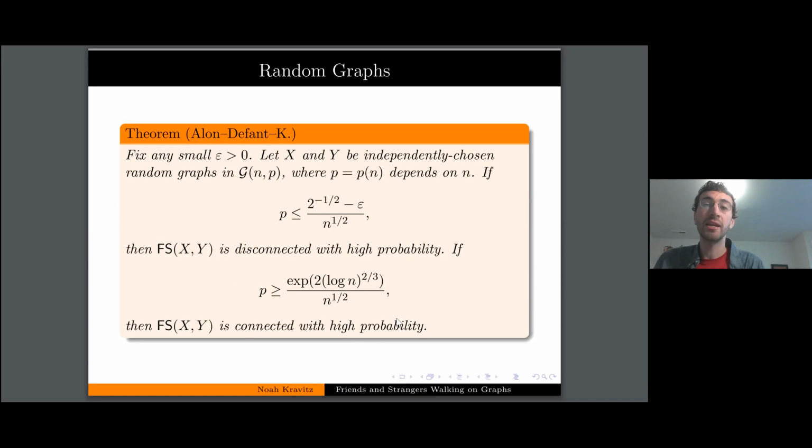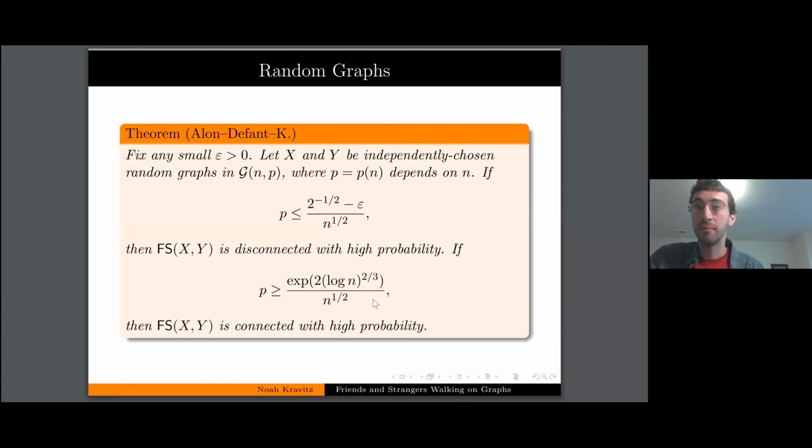The one thing I'll say is that it uses Wilson's result about the friends and strangers graph of X with a star many, many times in the proof. So it's sort of nice that that ends up being useful. And the main takeaway from this whole theorem is that the edge density threshold for going from a disconnected friends and strangers graph with high probability to connected is right around n to the minus a half.